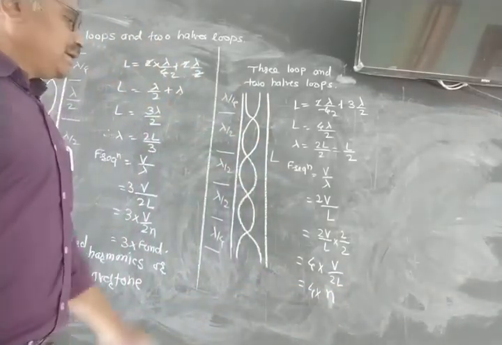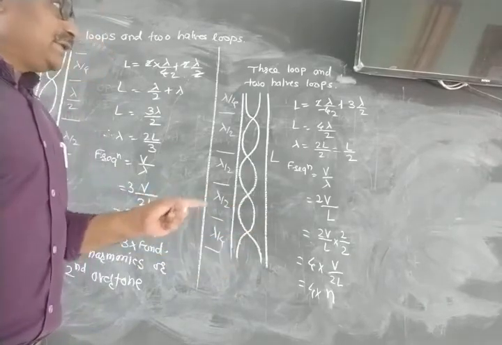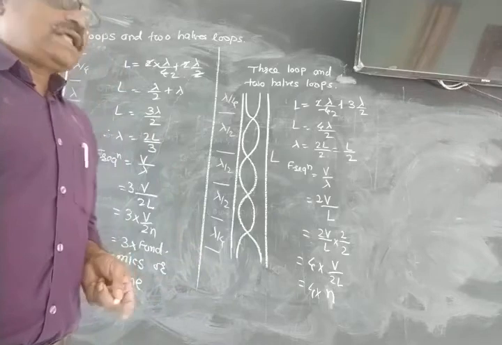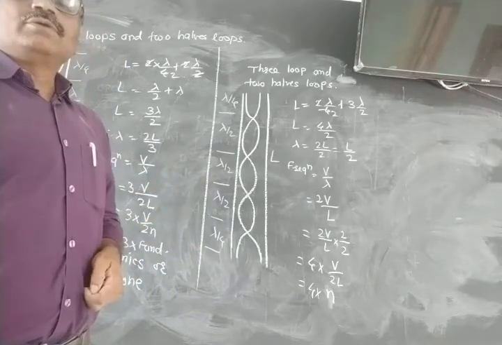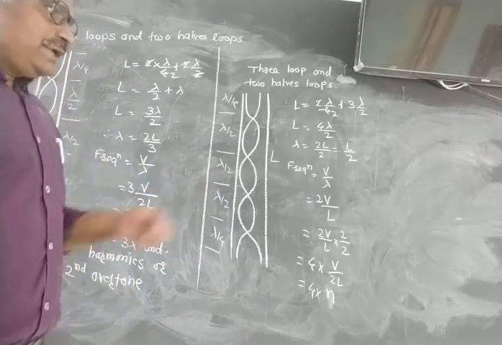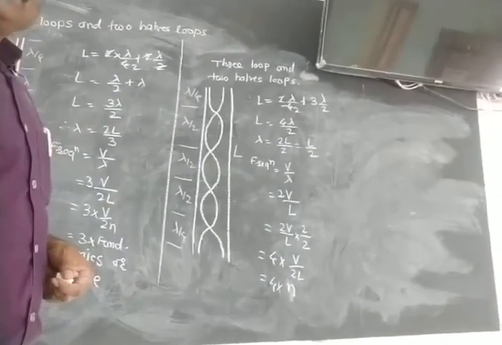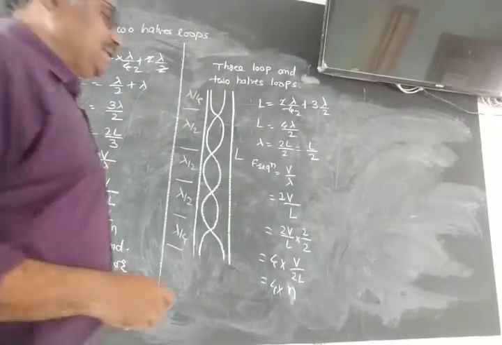In this way, this frequency is known as frequency of fourth harmonic, or it is also known as frequency of third overtone. Now, if we continue this procedure, then we can calculate different frequency.